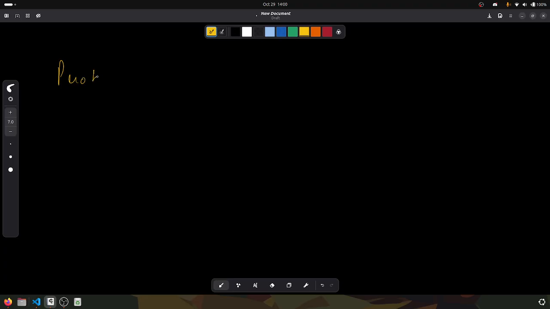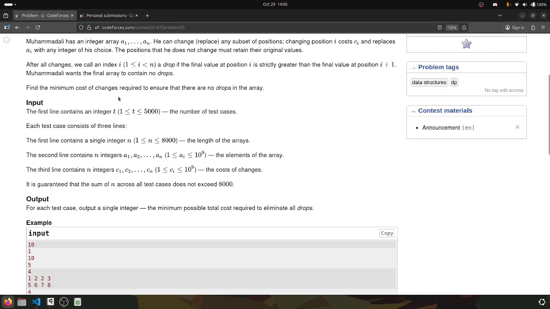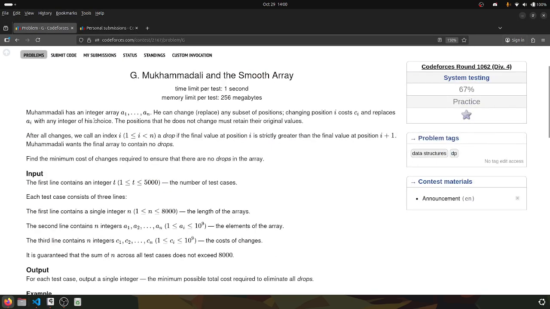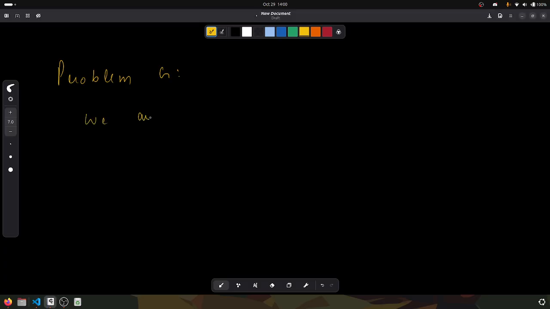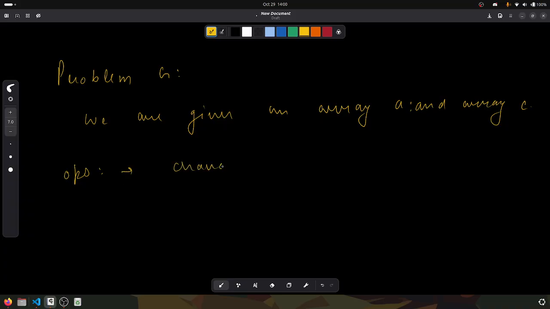So problem G. Basically we are given an array A and an array C, and we can perform operations, which is basically to change element ai to any other integer with cost ci.